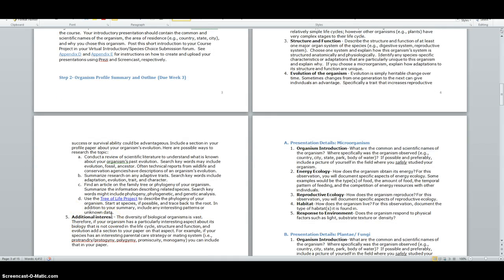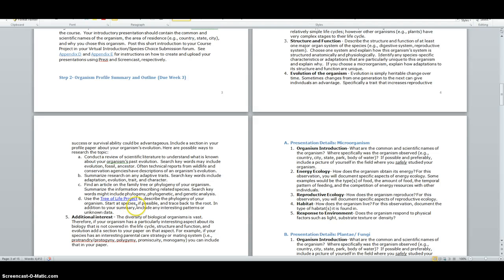These topics are going to vary from what you're going to include in your multimedia presentation. The reason for this is you're going to get a broad spectrum overall idea of what your organism is about, and it's going to cover all the facets we're going to cover in the learning objectives for this semester. We're going to focus the multimedia presentation on those facets that are more observable, and hence you're hopefully going to be able to capture some of those observable behaviors on video or photos and be able to submit them as part of your presentation.